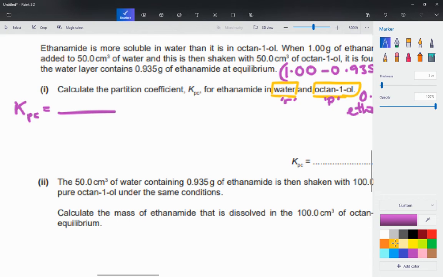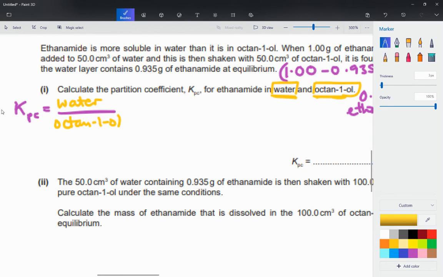But you might think that the reactant side, the water, goes at the bottom and the product is at the top, but that's not actually the case. The way that you should think about it is the way that it's dictated in the question itself. So really important for you to read the question. Okay. So when they give you the question and they say in water and in octan-1-ol, they want you to put the concentration in water at the top and octan-1-ol at the bottom.